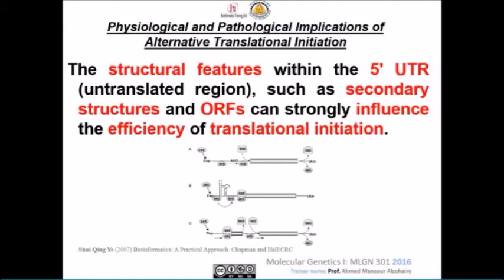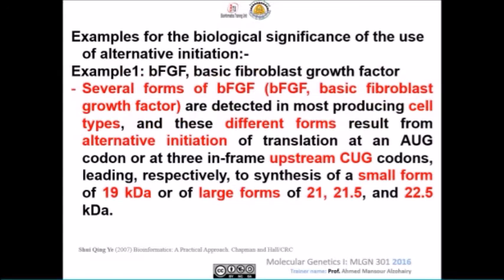And this of course means that you will have different isoforms of the protein, which means that the protein could have a different function or lack of function. So this means that it will have physiological and pathological implications.